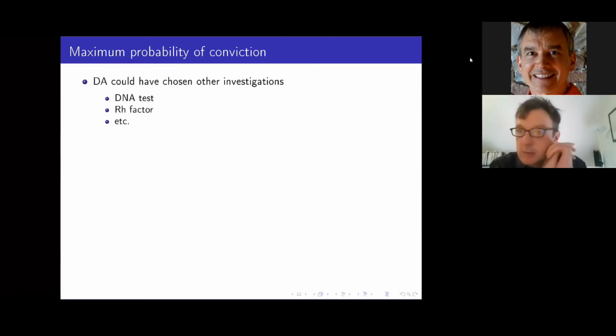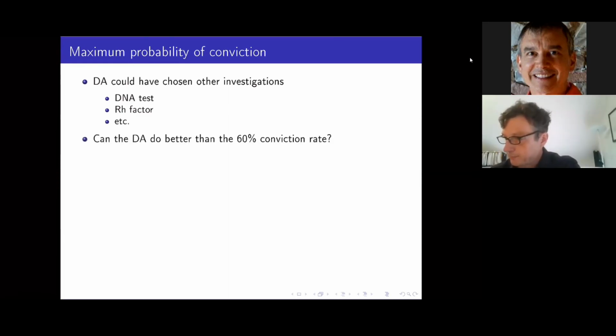So that's the objective. Can the district attorney do even better than the 60% conviction rate, which you might say is already pretty good, given that it basically doubles the true empirical frequency of guilty defendants?